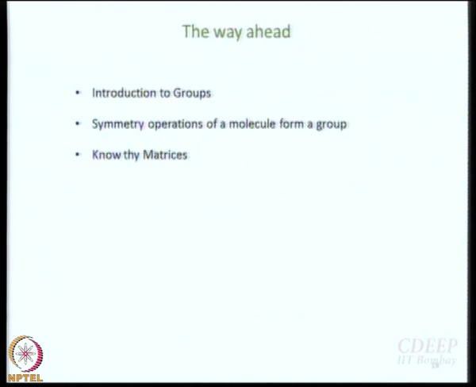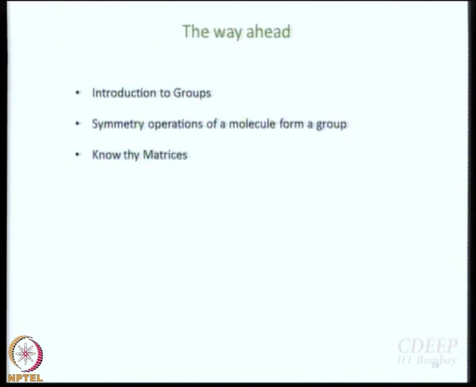Okay, fine. Next is that if you have to do that, then you better know a little bit about matrices. Once again, everybody has studied, but old people like me have forgotten. So let us remind ourselves of that also. A little bit about matrices, how to diagonalize a matrix, what is the matrix eigenvalue equation, what is a unitary matrix, what is a Hermitian matrix.